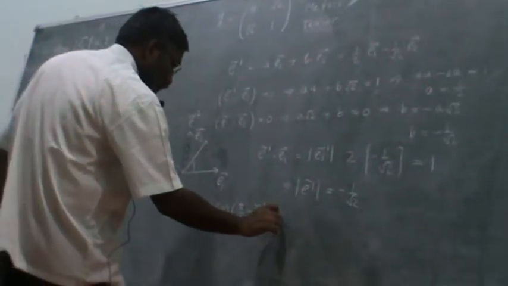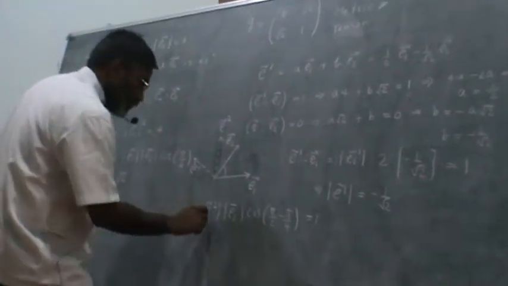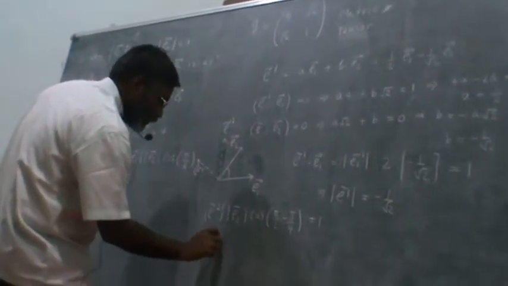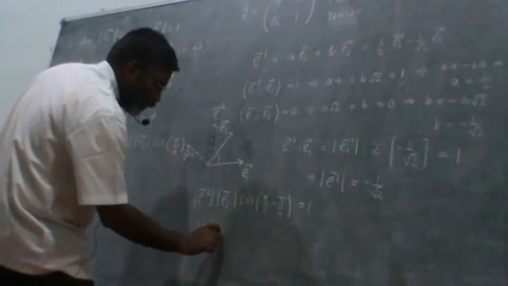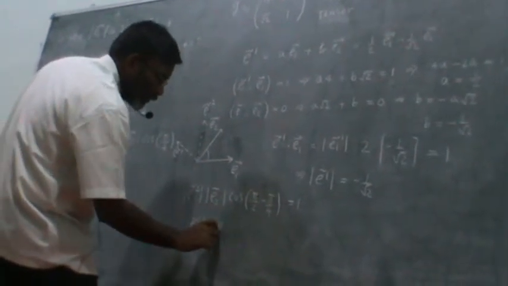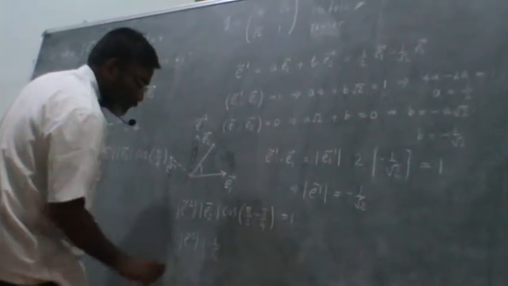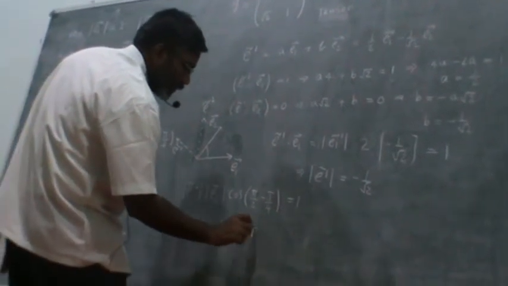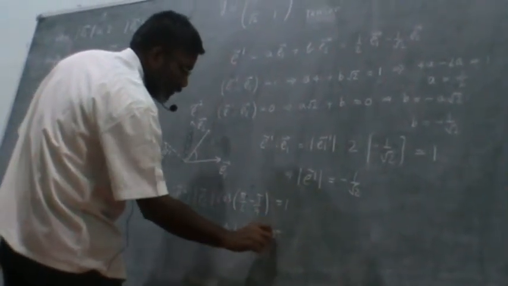So this should be equal to 1. So this is E2 tilde, this is 1, and this is 1 by root 2. This implies E2 tilde modulus is root 2.